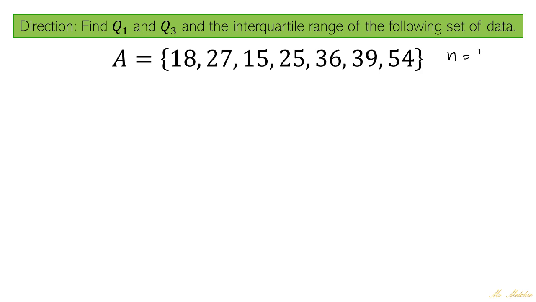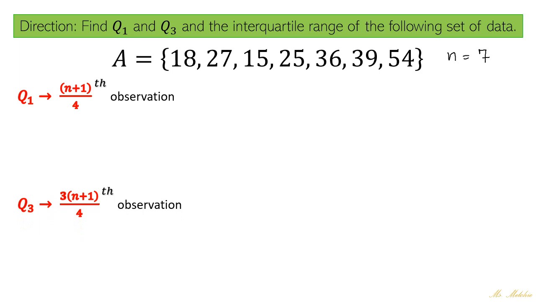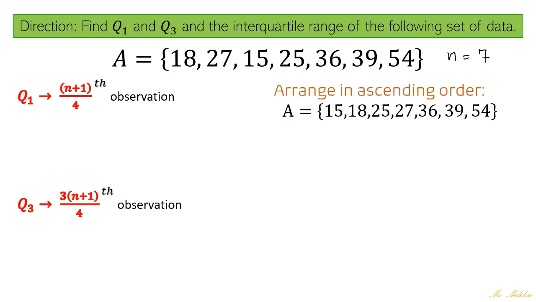So that means our n will be 7. Now, let's start with our formula, of course, to identify the position of our Q1 and Q3. But let us arrange our data in either ascending or descending order, but here I'm gonna use ascending order.